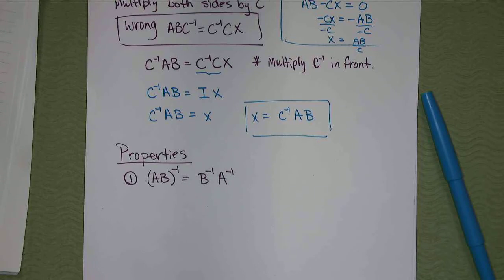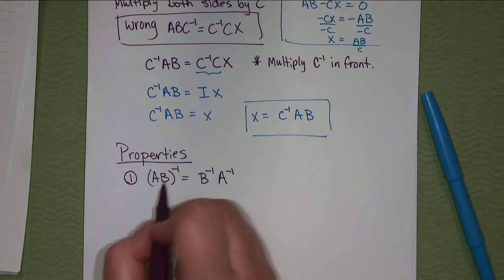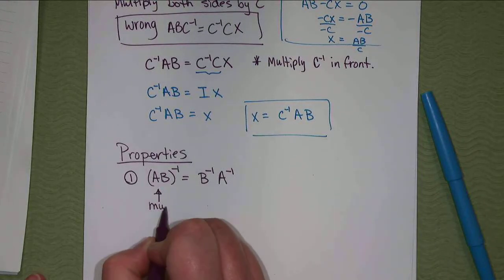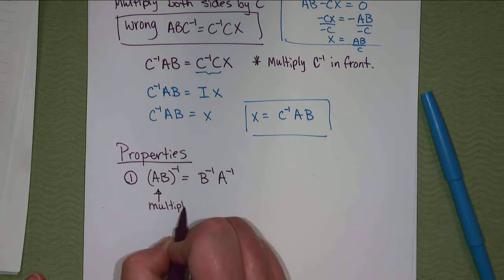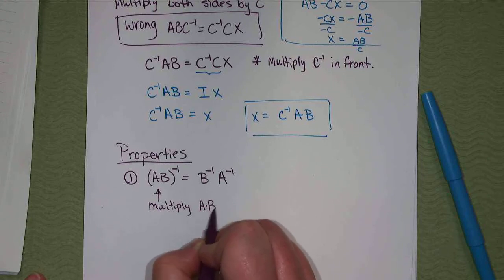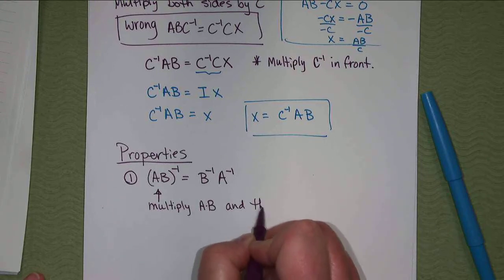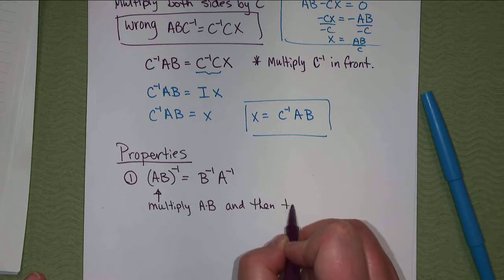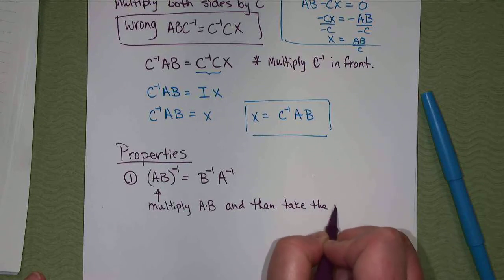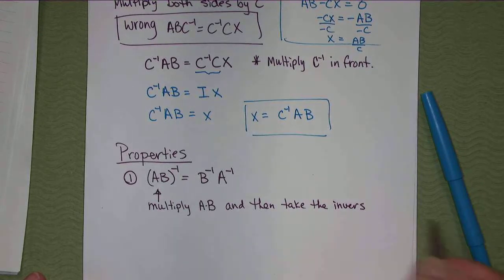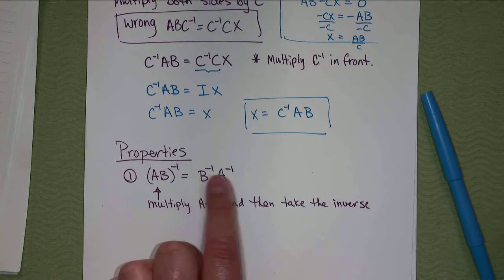If you multiply A times B and then take the inverse, it would be the same as taking the inverse of each and multiplying them, but in the opposite direction. So we actually have to reverse the direction.